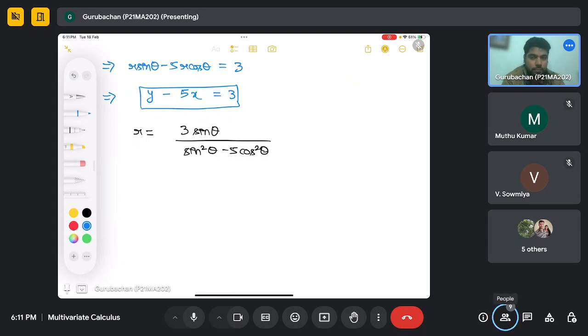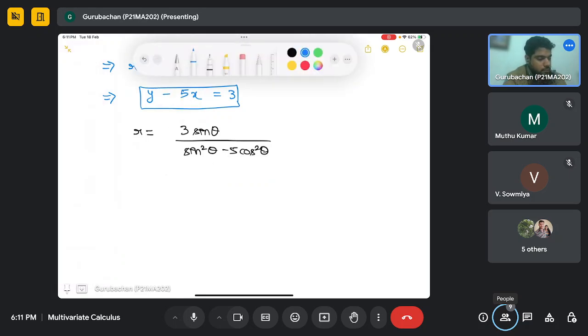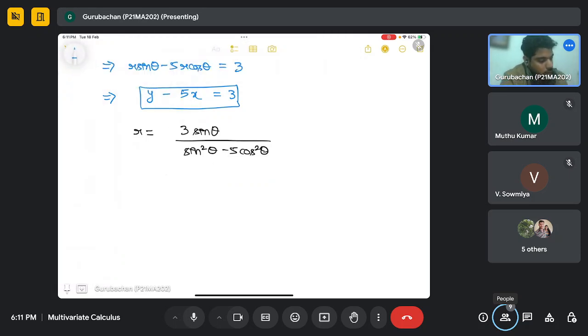So let me start. First what we will do, we will again take this denominator to the right hand side and we will get the following: 3 sine theta.